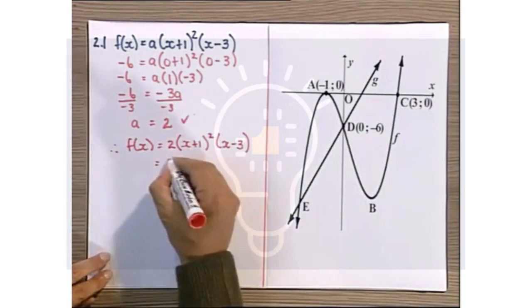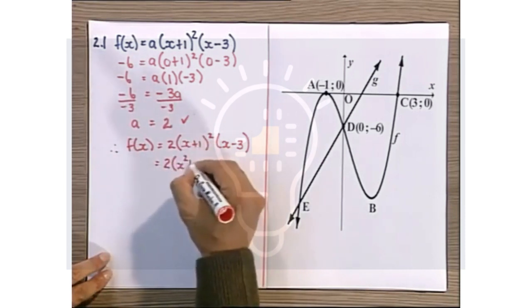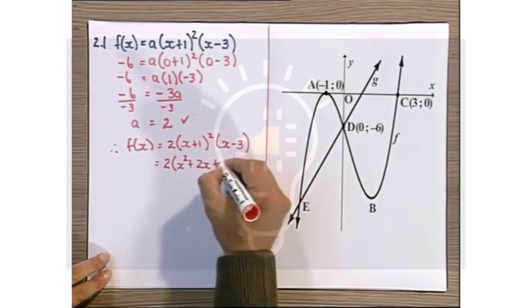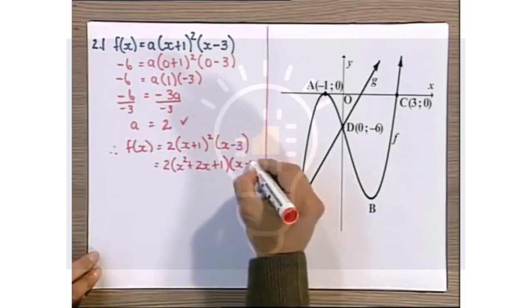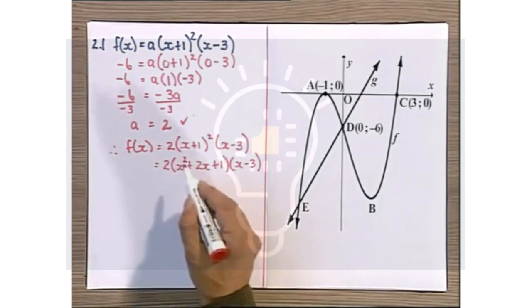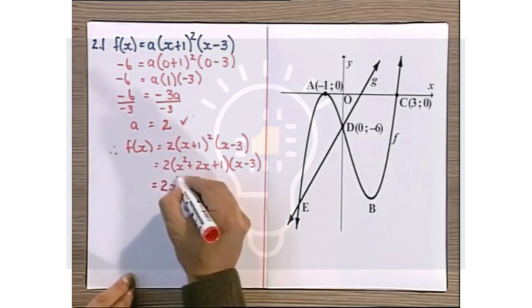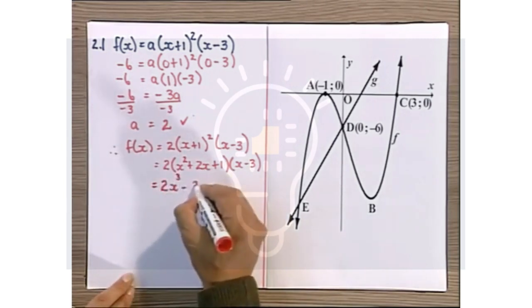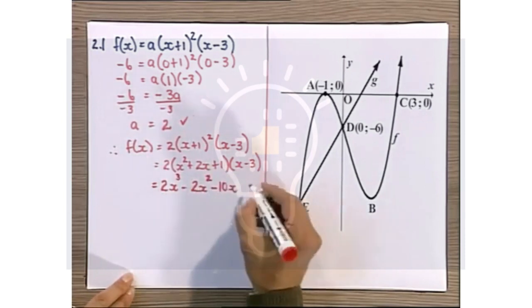So if we remove the brackets, square binomial, x squared plus 2x plus 1, and that's going to give me times (x minus 3). You agree with me? And then what do we do from there? We just need to multiply x with each one there and 2 with that. So that will give us then 2x to the power 3 minus 2x squared minus 10x minus 6.